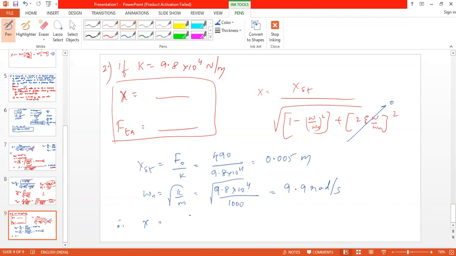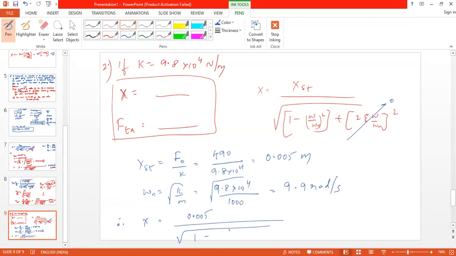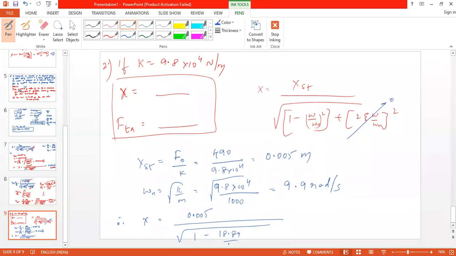Therefore, x is equal to 0.005 divided by root of 1 minus (18.84 divided by 9.9) whole square.